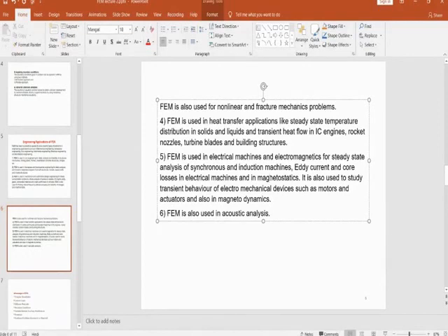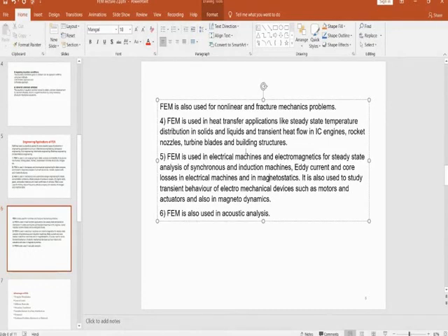In order to cool those at room temperature, for example in hospitals, or in centralized AC systems in malls and film theaters, you will come to know that this AC system has to be centralized, and you have to study the temperature distribution in that structure, in those rooms or halls. We have to use FEM.